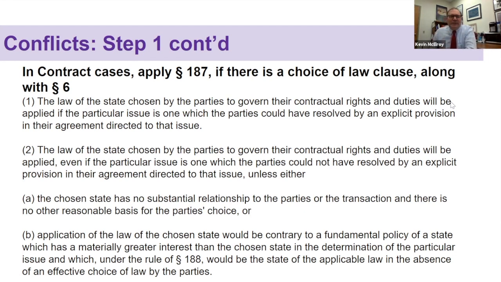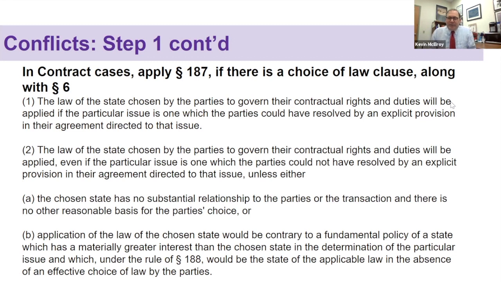Or two, the law of the state chosen by the parties to govern their contractual rights and duties will be applied even if a particular issue is one which the parties could not have resolved by an explicit provision in their agreement directed to that issue, unless either the chosen state has no substantial relationship to the parties or transaction, or application of the law of the chosen state would be contrary to a fundamental policy of a state which has a materially greater interest. What does all that mean? All right.